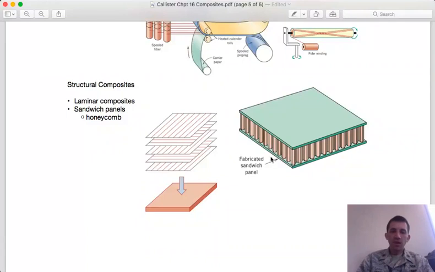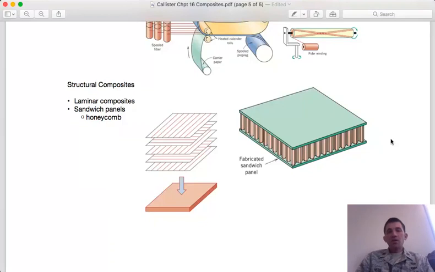You may take two laminates here and put them on either side of a honeycomb panel. Combining composites structurally in this manner is one way of getting a high degree of stiffness in a very light package.